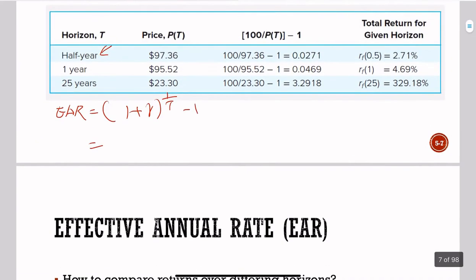In this case, your 6-month return is 2.71%. So it's 1 plus 2.71%, and you have 6 months, which means T is 0.5, so it's to the power of 1 divided by 0.5, minus 1.